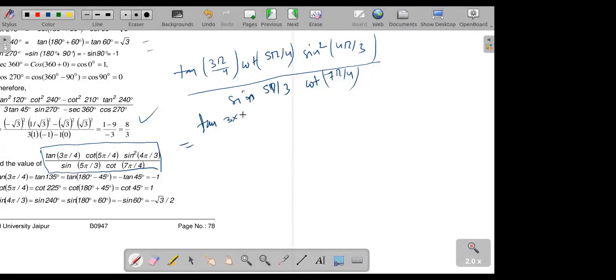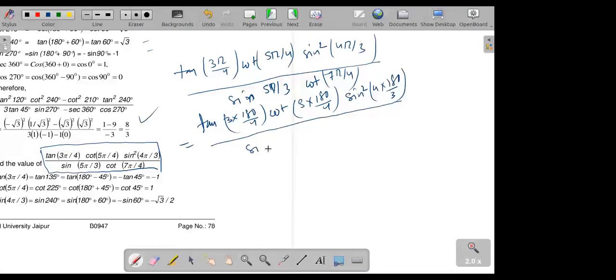So tan 3 into 180 by 4, cot 5 into 180 by 4, sin square 4 into 180 by 3, sin 5 into 180 by 3, cot 7 into 180 by 4.